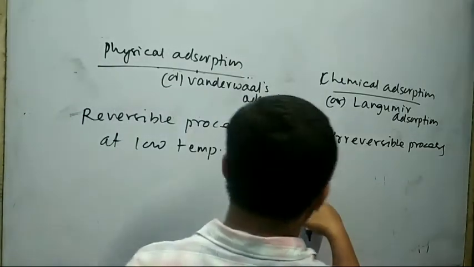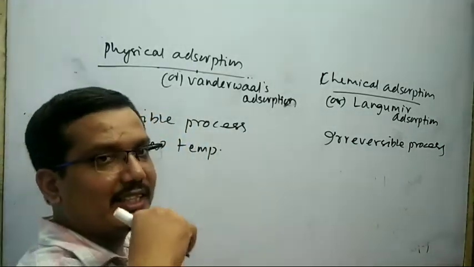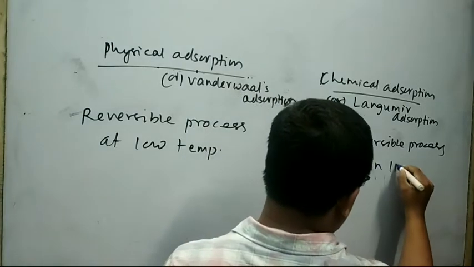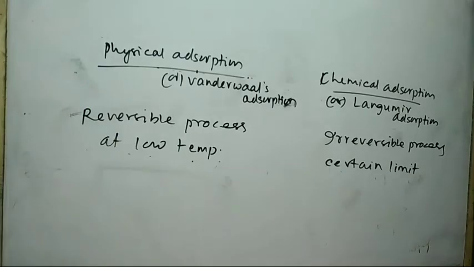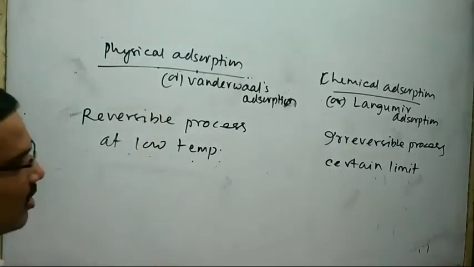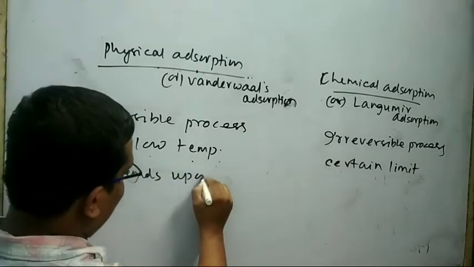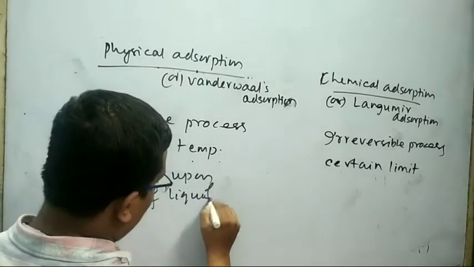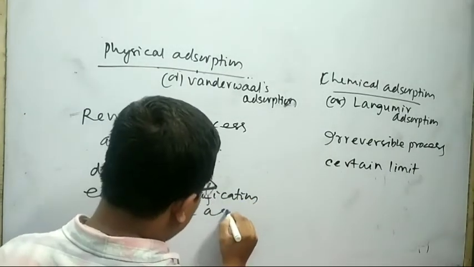On the other hand, chemical adsorption initially increases with the increase in the temperature up to a certain limit, then starts decreasing. The extent of physical adsorption depends upon the ease of liquefaction of a gas.